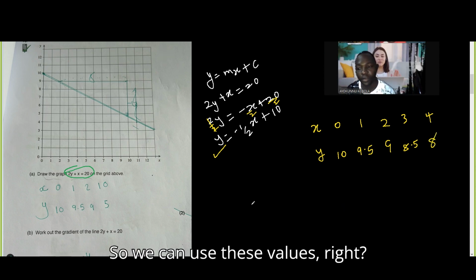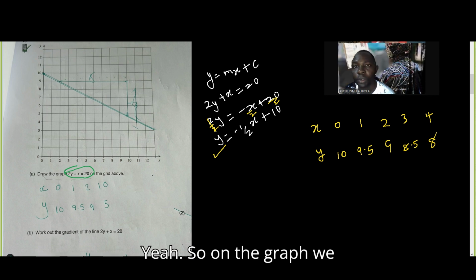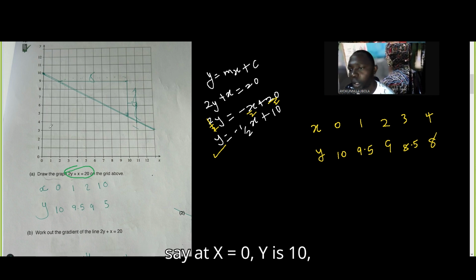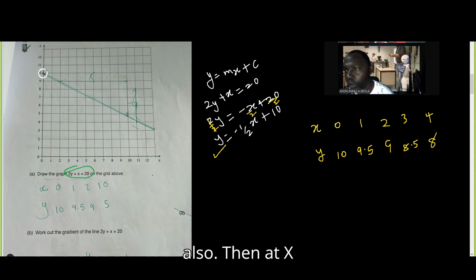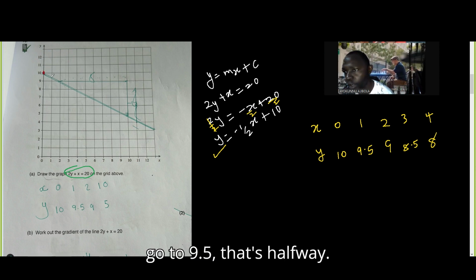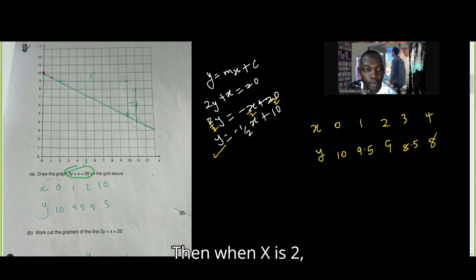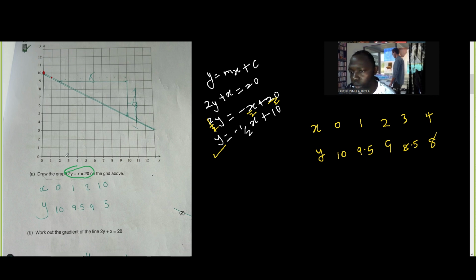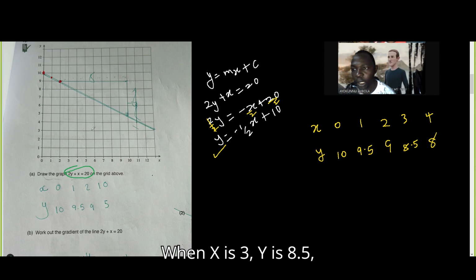So we can use these values, right? On the graph, we say at x equals 0, y is 10. So we start at the 10 also. Then at x equal to 1, y is 9.5. So we got 9.5, that's halfway. Then when x is 2, y is 9. When x is 3, y is 8.5.